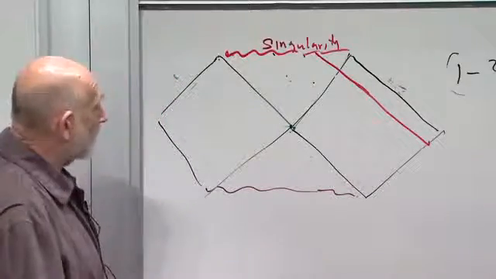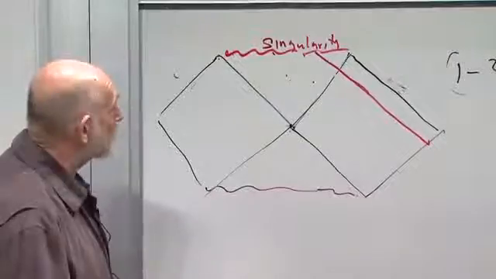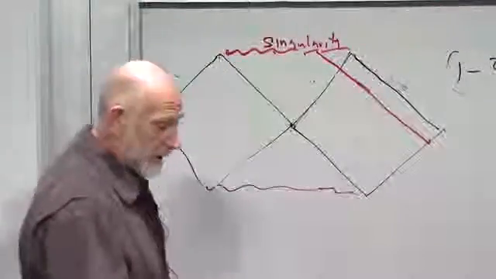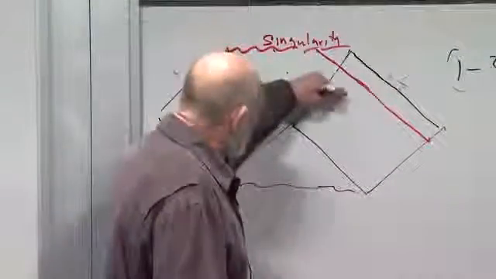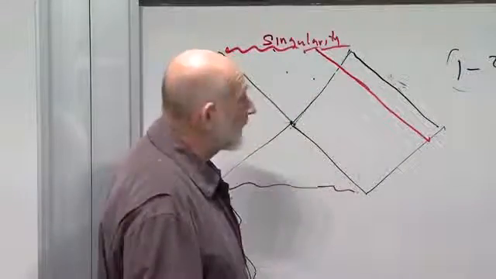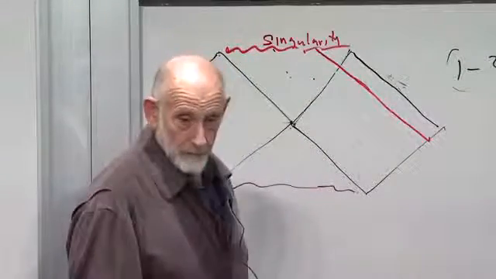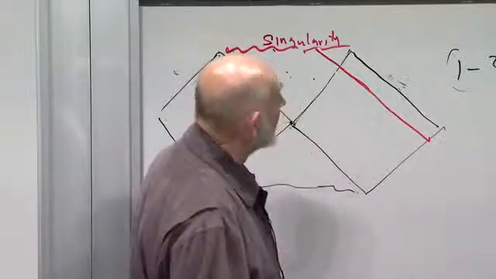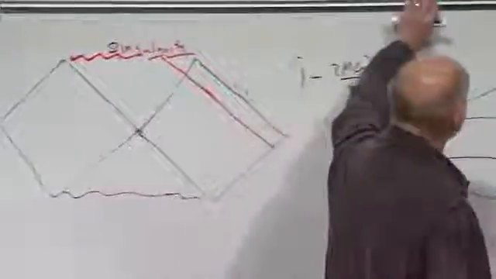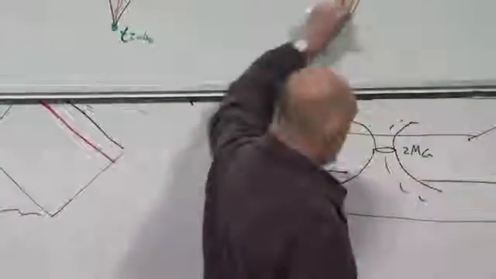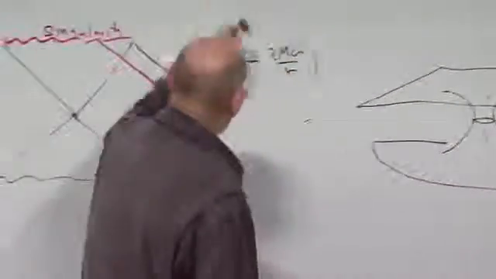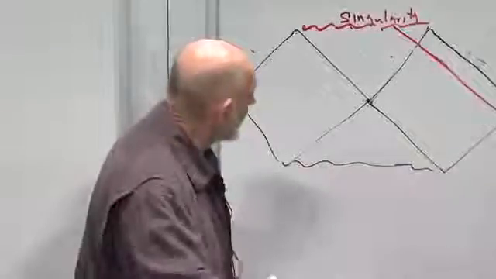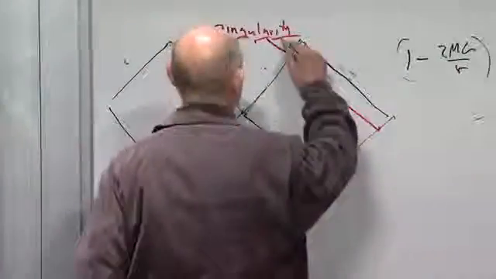But now, which part of the diagram is correctly representing the physics that we're doing? The interior of the shell is not correctly represented by the black hole. The interior of the shell is correctly represented by flat space-time. It's the exterior which is correctly represented. The exterior is out here.